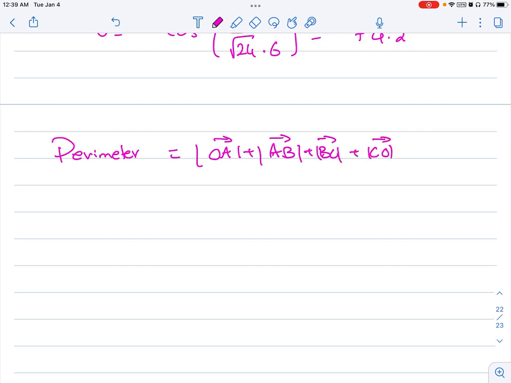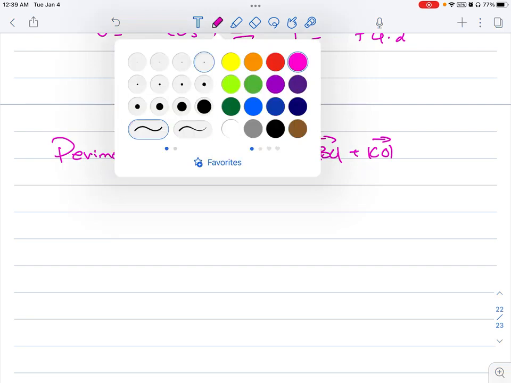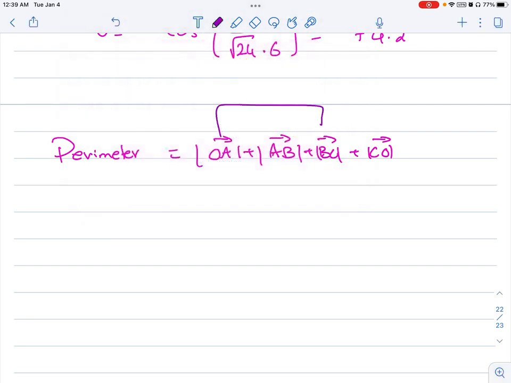But opposite sides of a parallelogram are the same. So OA and BC are the same, and AB and OC are the same. So twice of OA and CO. CO or OC doesn't matter, because you are finding the modulus, the distance.